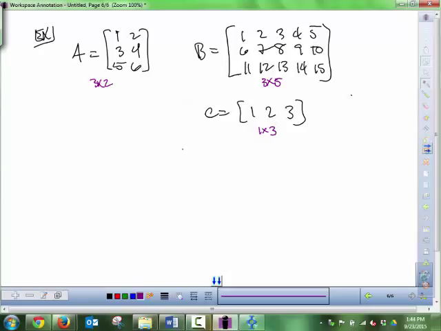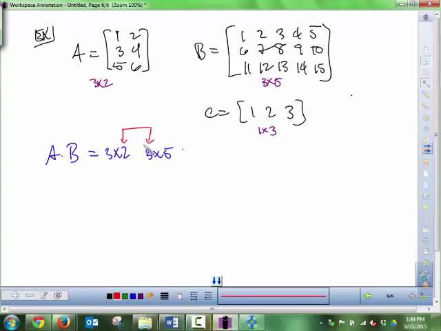So the question is, can we multiply A times B? A is a 3 by 2, and B is a 3 by 5. When you're multiplying these two, you want the same number of columns for the first matrix as the number of rows for the second.